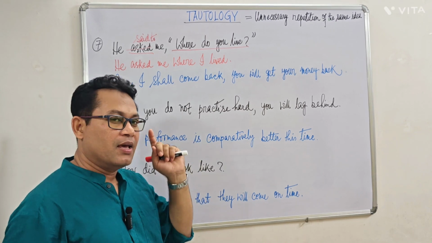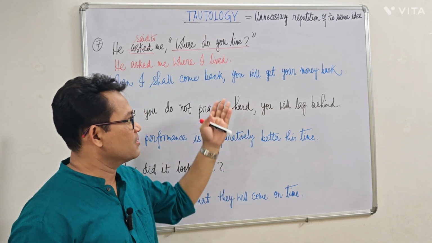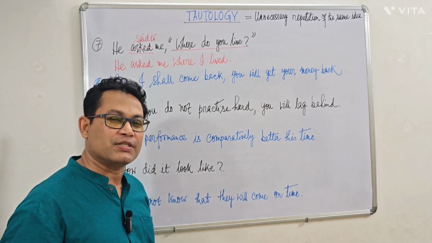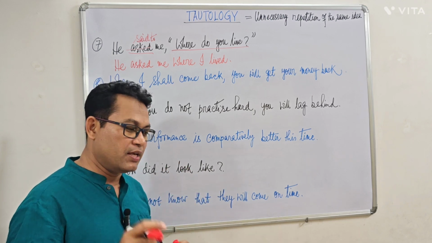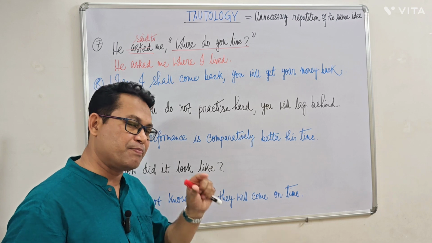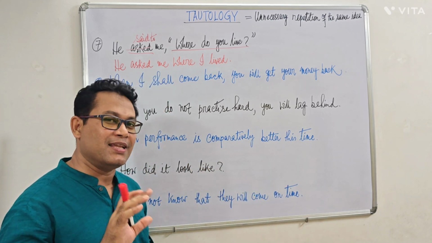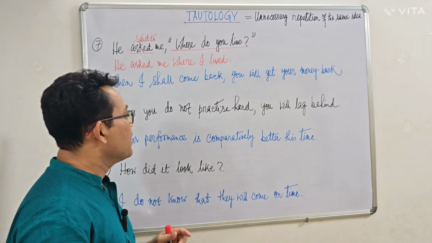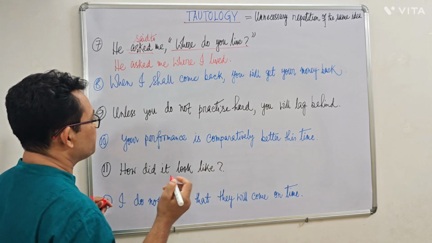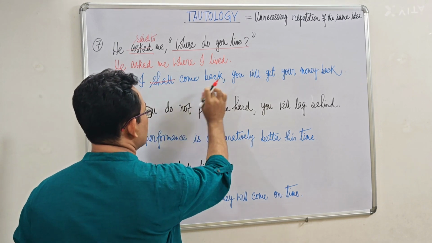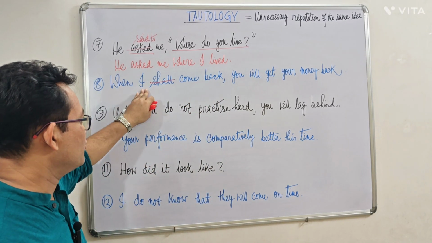But the rule is, if we get a complex sentence like this, then we can't have both the clauses in future tense. The rule is the subordinate clause must be in present indefinite and the principal clause should be in future tense. In that case we have to drop the future sign shall from this subordinate clause. In that case the sentence will be correct.